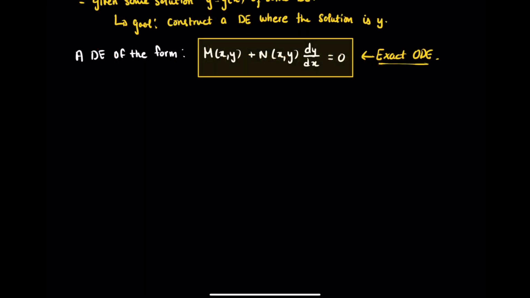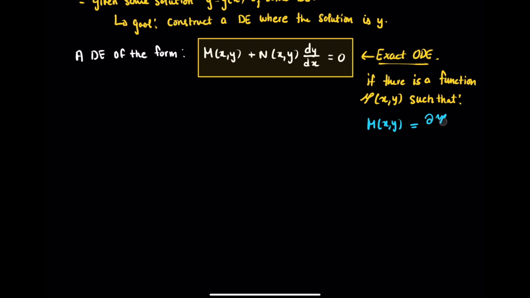Now, this exact ordinary differential equation is an exact differential equation if there is a function, this is psi, the Greek letter psi, ψ(x,y), such that your M(x,y) is equivalent to the partial derivative of psi with respect to x, and then your N(x,y) is the partial derivative of psi with respect to y.